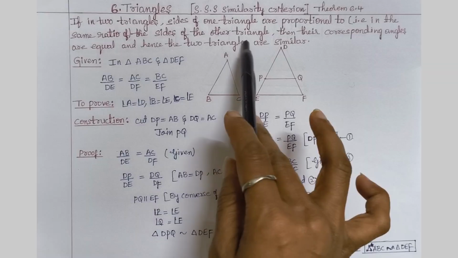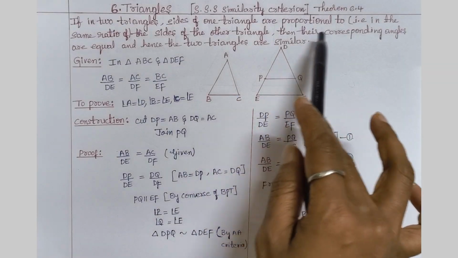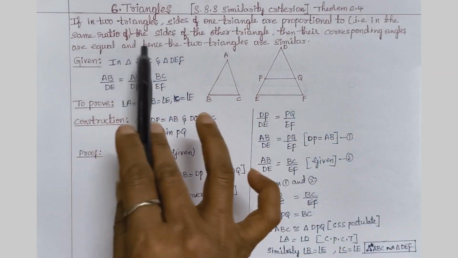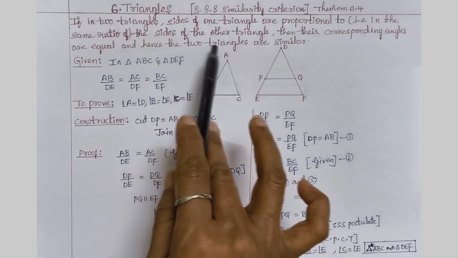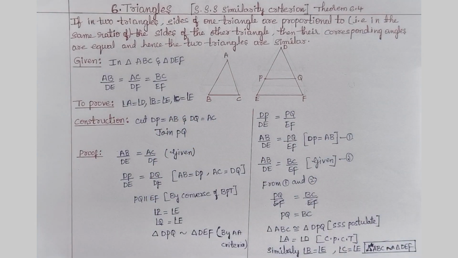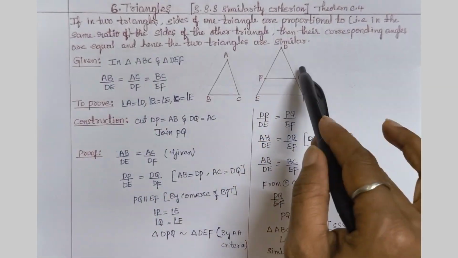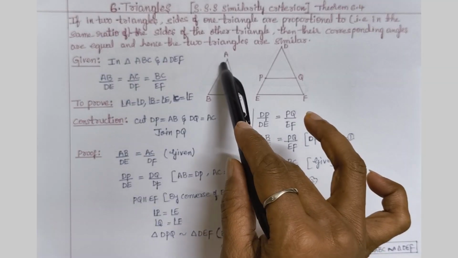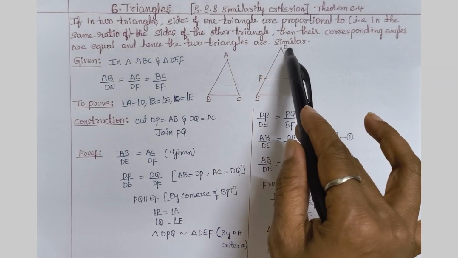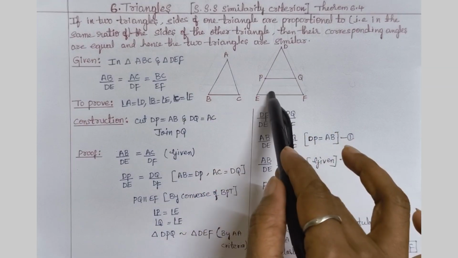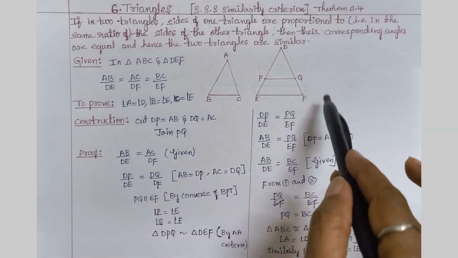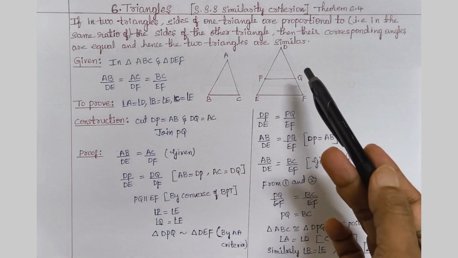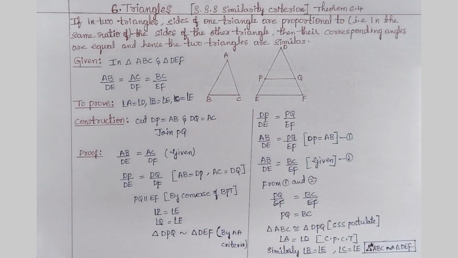Then their corresponding angles are equal, hence the two triangles are similar. Angle A equals angle D, angle B equals angle E, angle C equals angle F. Sides proportional means angles are equal. This we have to prove.